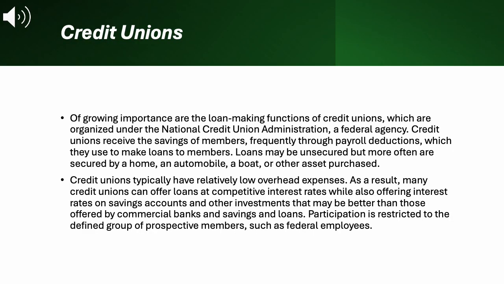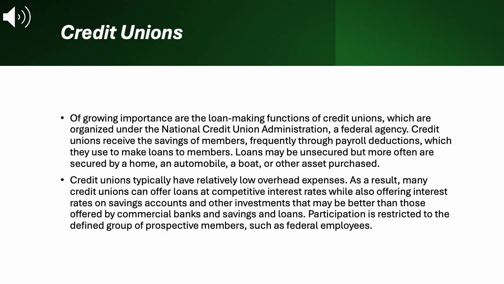Credit unions. Of growing importance are the loan-making functions of credit unions, which are organized under the National Credit Union Administration, a federal agency. Credit unions receive the savings of members, frequently through payroll deductions, which they use to make loans to members. Loans may be unsecured, but more often are secured by a home, an automobile, a boat, or other asset purchased.